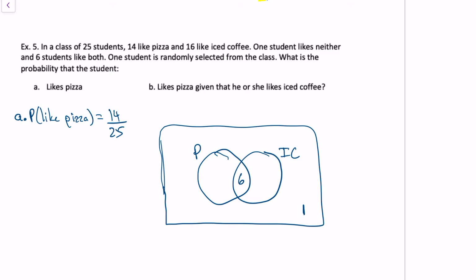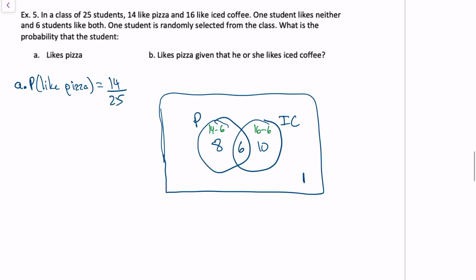And then we can figure out, so we got 14 who like pizza, so that means 14 minus 6 gives me 8 for this, because that total from the pizza needs to be 14. And similarly on the iced coffee, we've got 16 minus 6, which is going to be 10. And so if I was to add those up, we should get a total number of students of 25, and that includes this 1 on the outside.